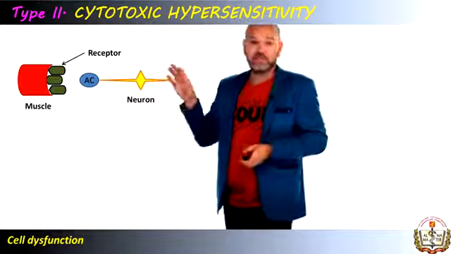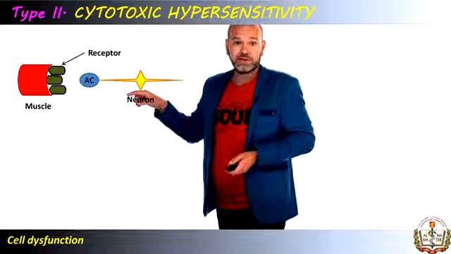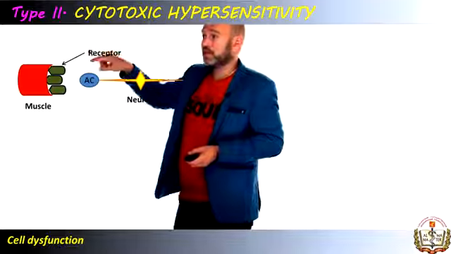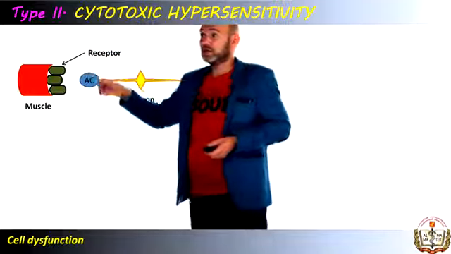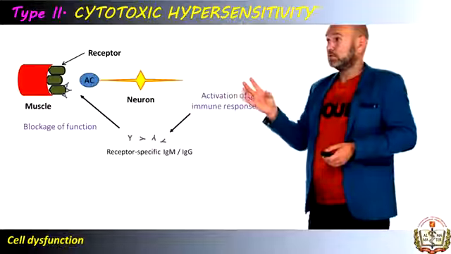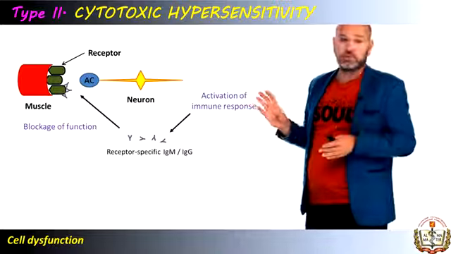So in the case of disease, in the case of type 2 allergy, antibodies against the nicotinic acetylcholine receptor of muscle are formed. And here on the receptor, you will have antibodies which are blocking it, mainly again with some genetic predisposition.